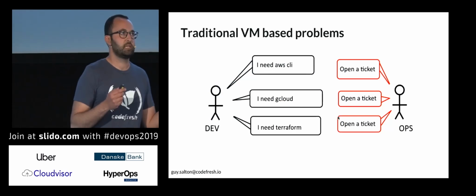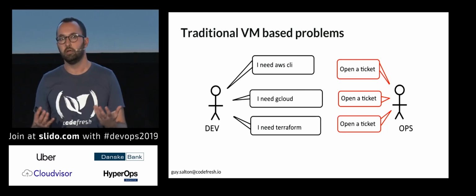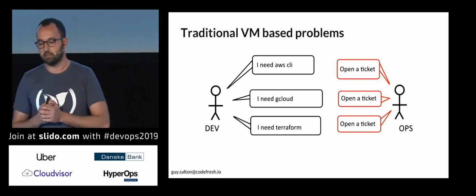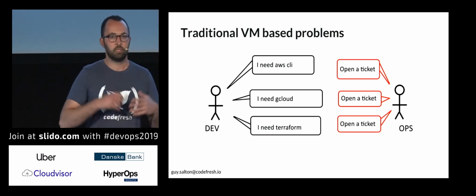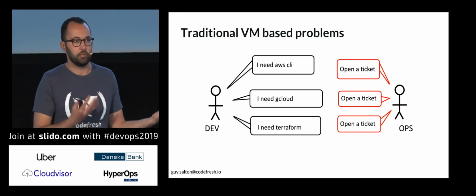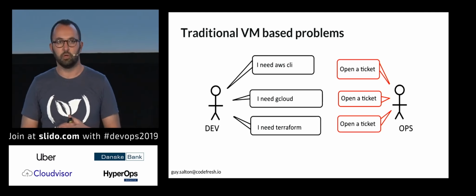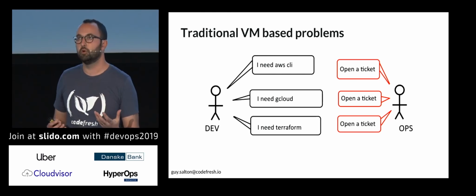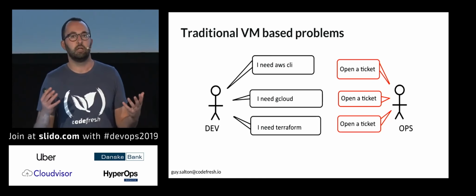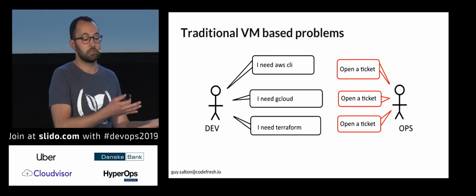Now let's talk about some problems of traditional VM-based CI and CD platforms. Let's say I have this project that we just saw, running these two microservices, one with Node and one with Python. But now I also want to use AWS CLI in my pipeline, or I want to use Terraform.